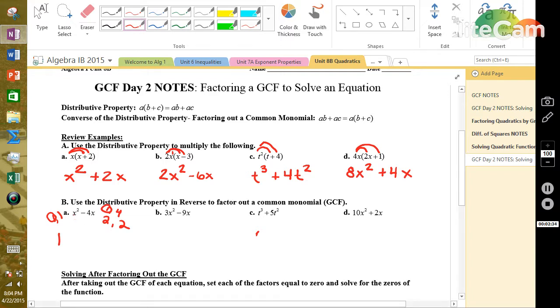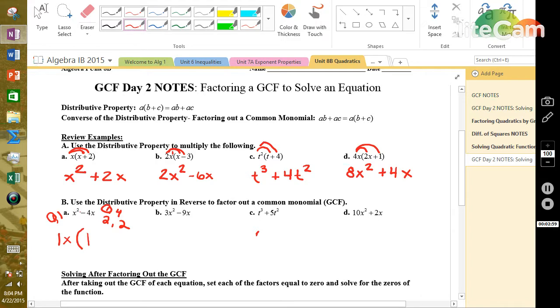For my variables, I have an x squared and I have an x. Remember yesterday we said we always take out the variable with the smallest exponent. In this case, it would just be an x. Now we have to see what's left over and write it in parentheses. 1 times 1 will give me my 1 back.